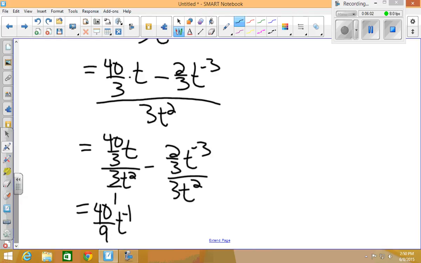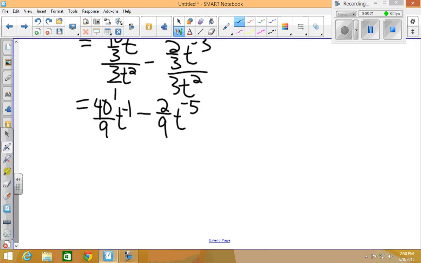Similarly here, you could think of this as t to the negative 3, and then divided by t squared, you subtract the exponents. So this would be minus 2 over 9 t to the negative 5.